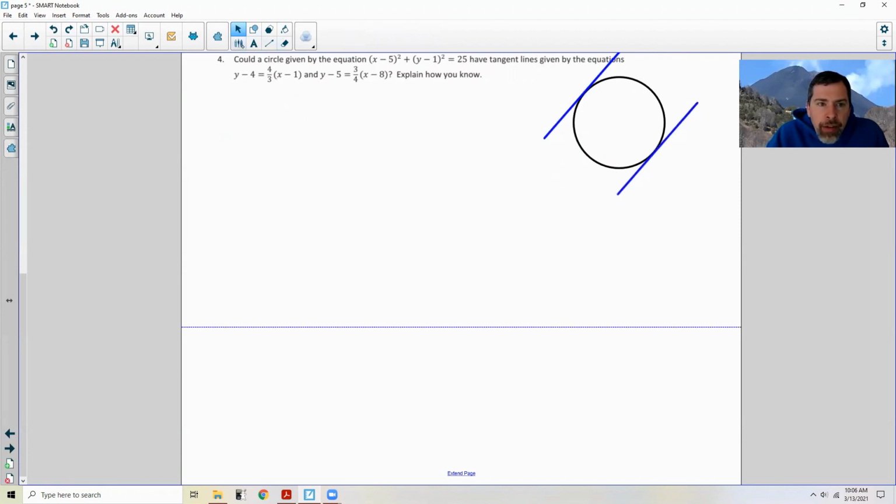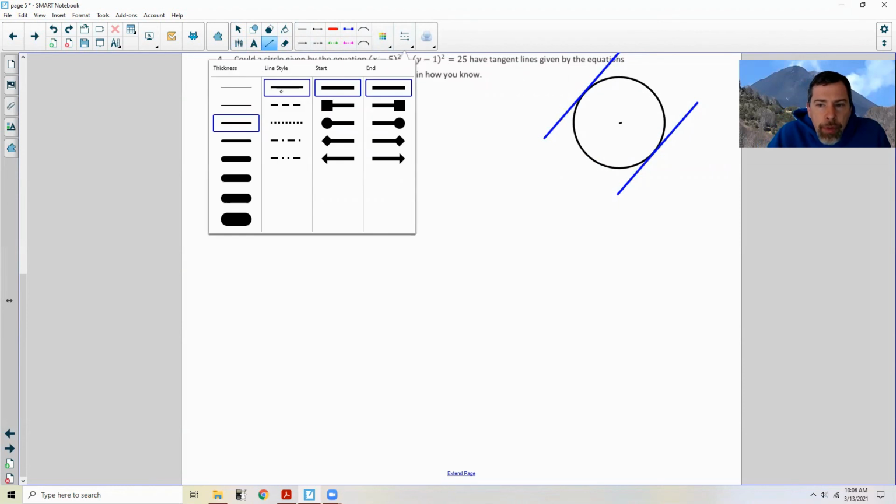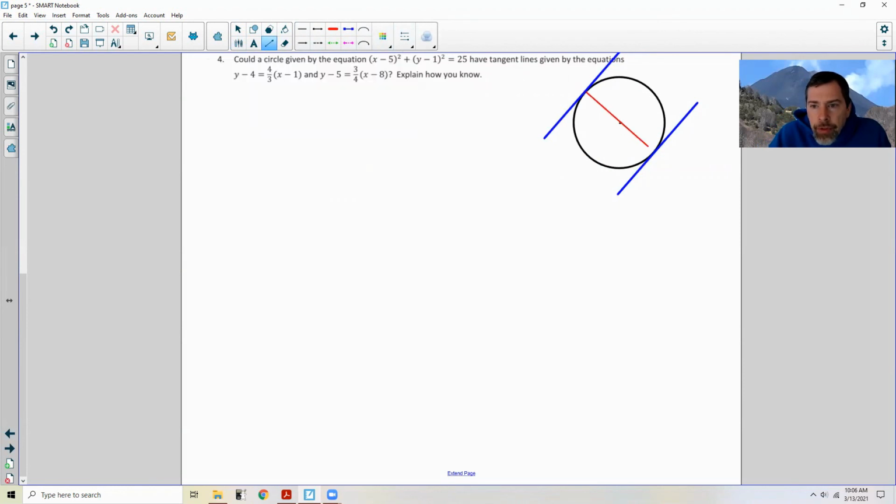That means that if we have a center that is right here, we're going to have a diameter that's perpendicular to these two tangents. So it's going to have a slope of -3/4. So when I do that, it will look like this. Okay, so that's a negative slope. So that's approximately like what we're looking for.